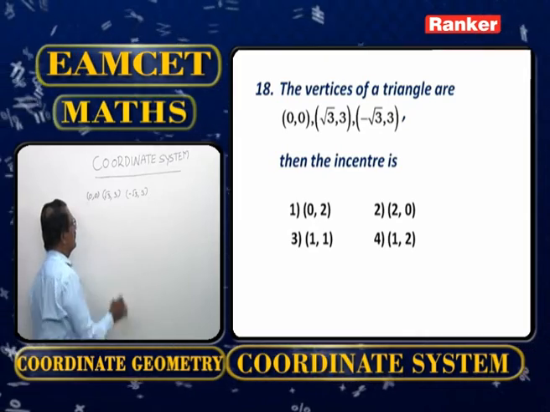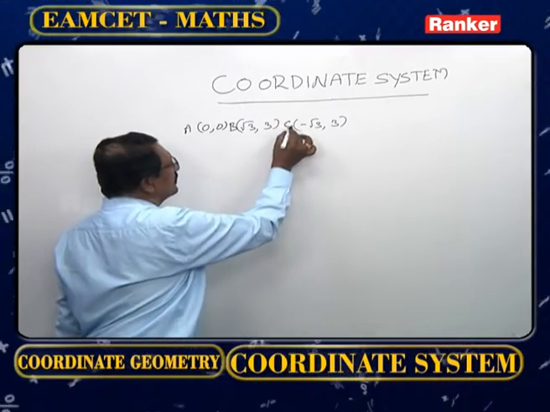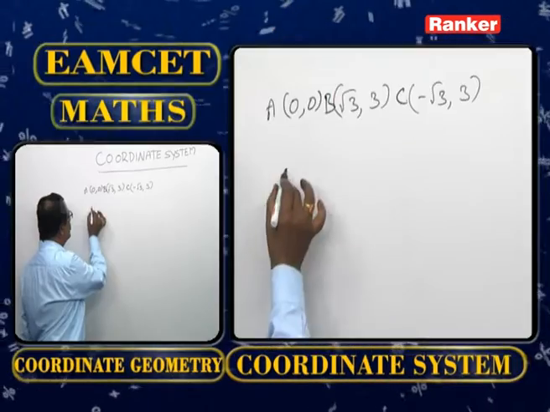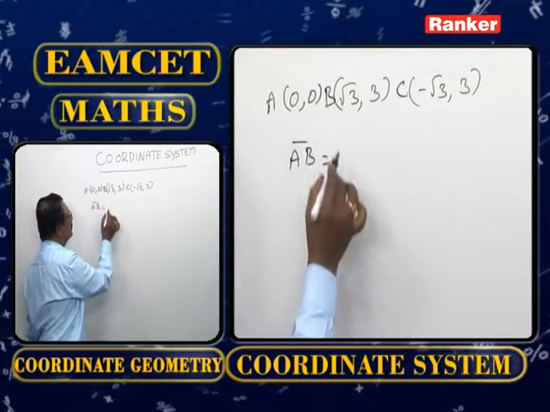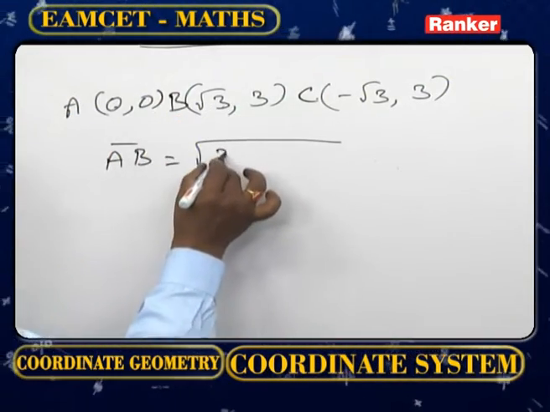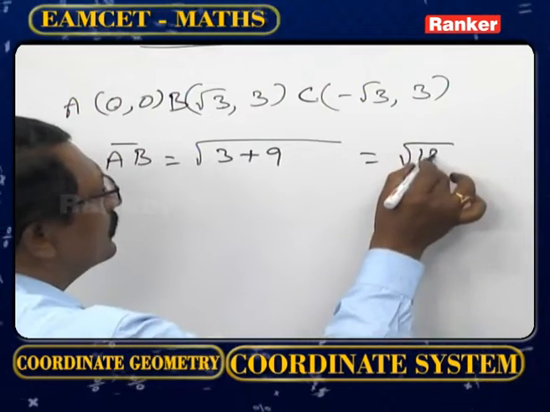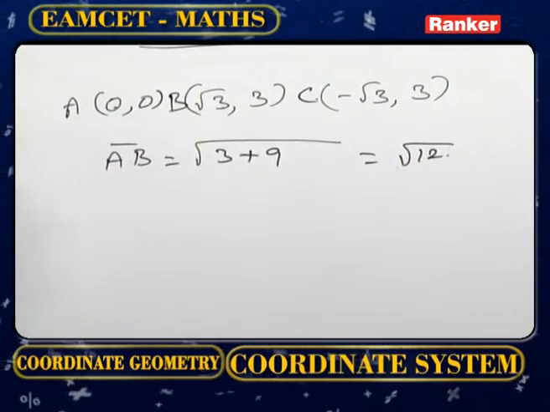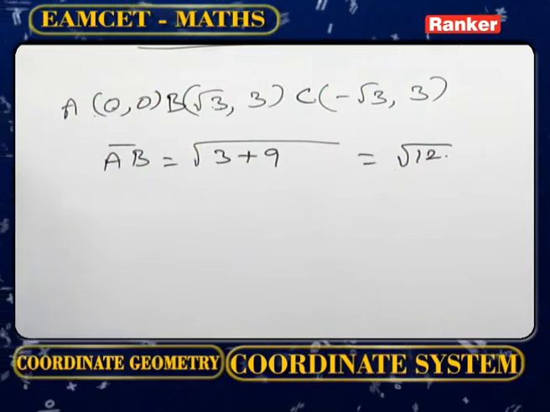Consider the given points as A, B, C. Then the length of the side AB equals the distance between (0, 0) and (root 3, 3), which is the square root of 3 plus 9, or root 12.